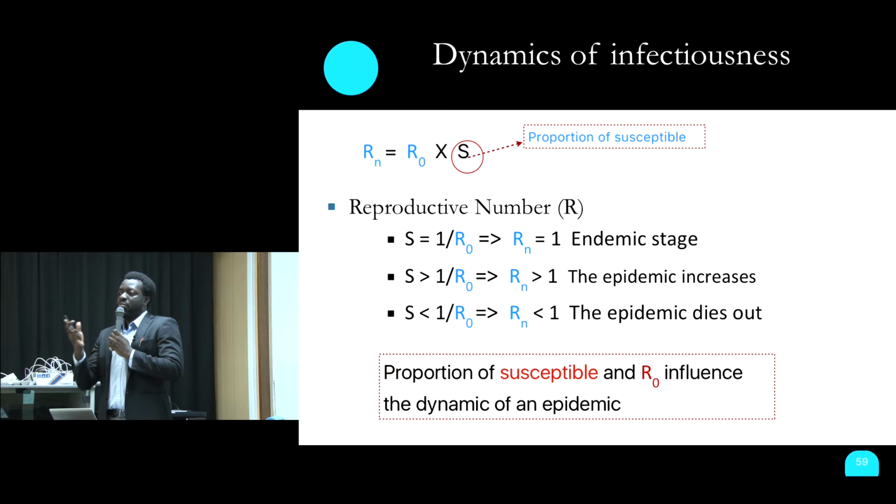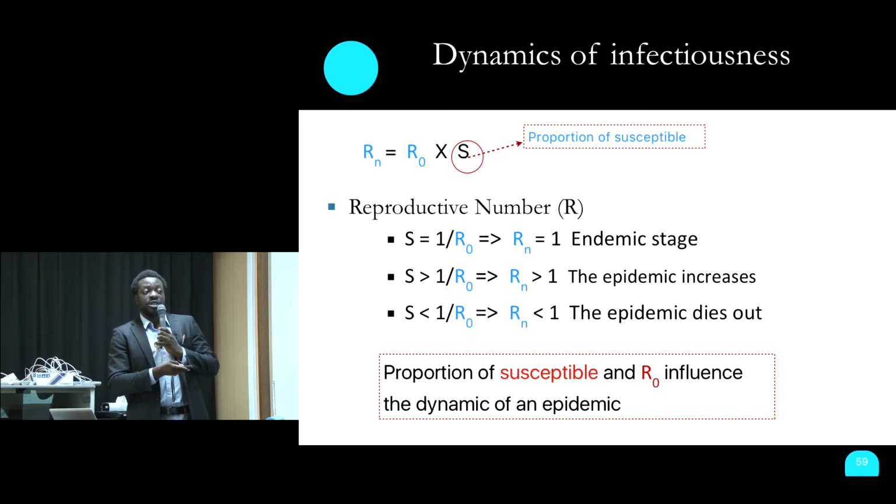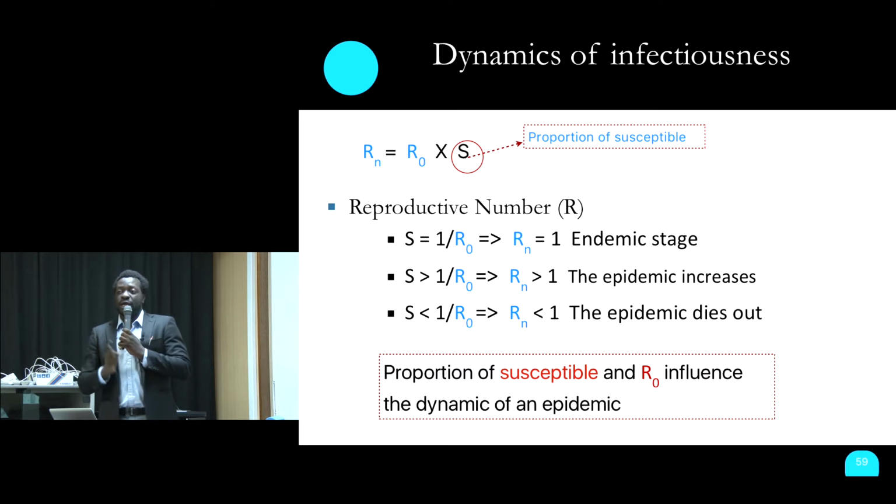But if many people are not susceptible, meaning that they are immune, the infection will not take off. So the proportion of susceptible and R0 are key parameters for any epidemic. Whenever you hear there is an epidemic, you should always think in terms of the proportion of susceptible and R0 to have an idea about what's going on.